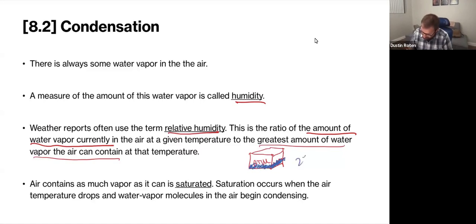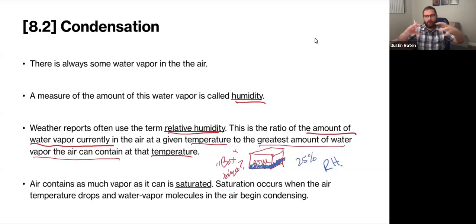Maybe it's only 25% full. This is overly simplistic, but if you think about the atmosphere and how much water it could hold, in this case it's holding 25% of what it could hold, and that means the relative humidity is 25%. Now, what changes the size of the box is the next question. It turns out the temperature changes that, right?